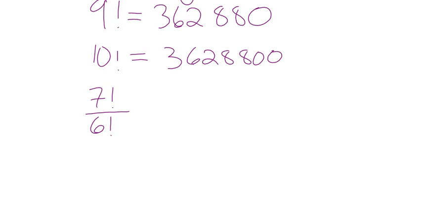What is 7 factorial divided by 6 factorial? Don't work it out. Think about it first. You don't need a calculator to do this one. Now let's think about it. How do I write 7 factorial?